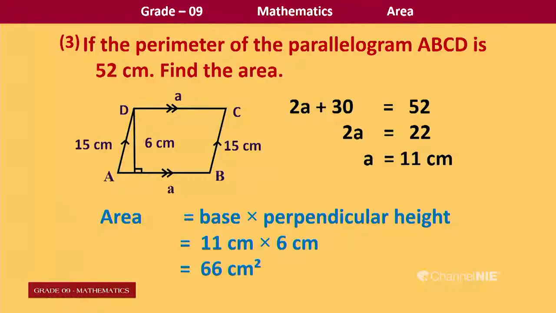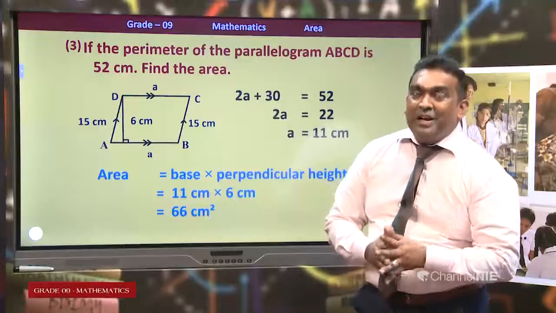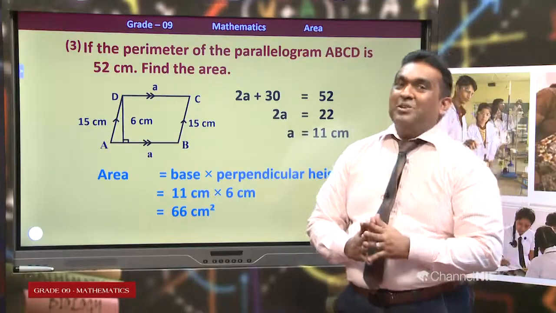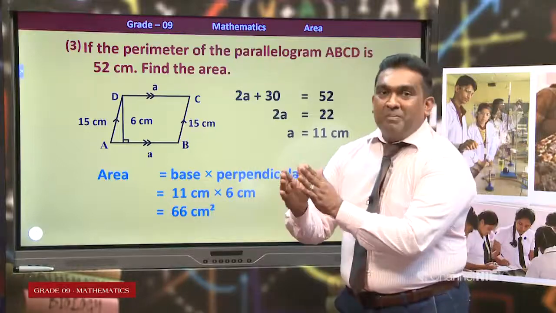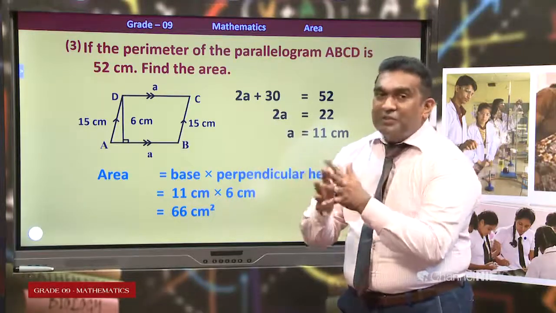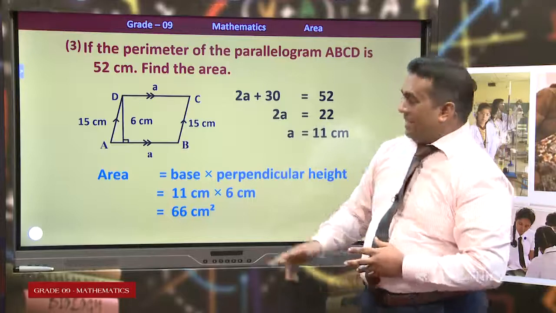Area equals base multiplied by perpendicular height. 11 multiplied by 6, 66 square centimeters. Remember that area of a parallelogram is equal to base into perpendicular height, product of two numbers, right?